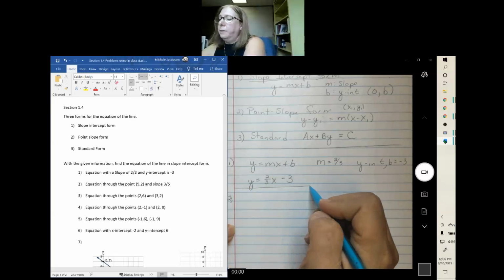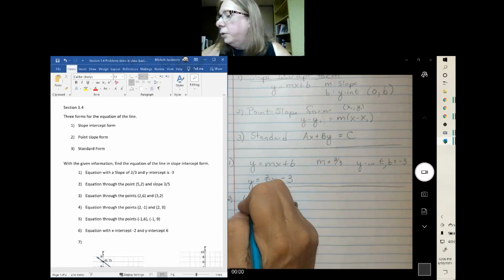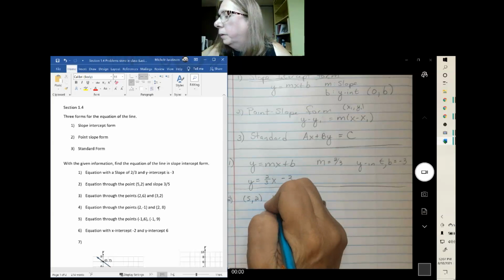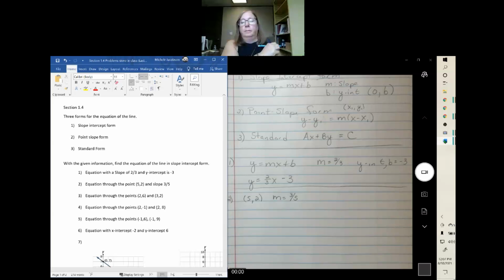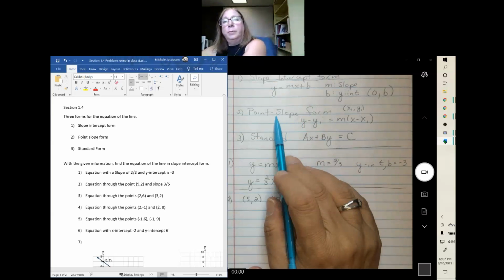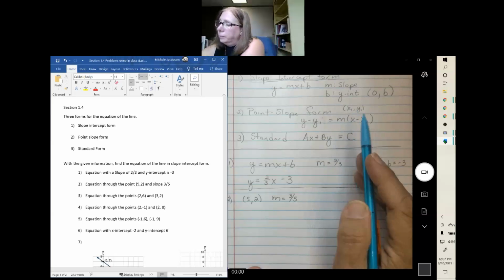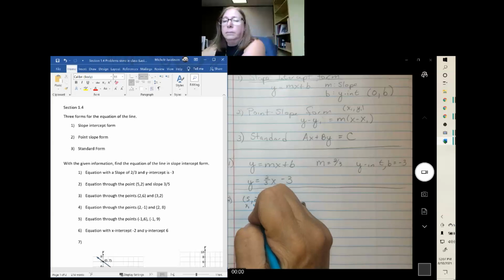The second one, notice they gave us a point and the slope. They gave us 5, 2, our point, and they gave us a slope of 3/5. Well, then we want to use our point-slope form because we have a point and a slope. This is x1 and y1.